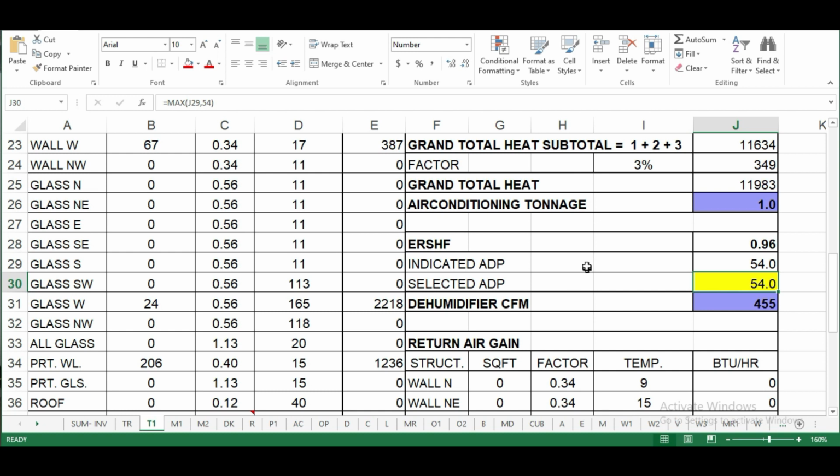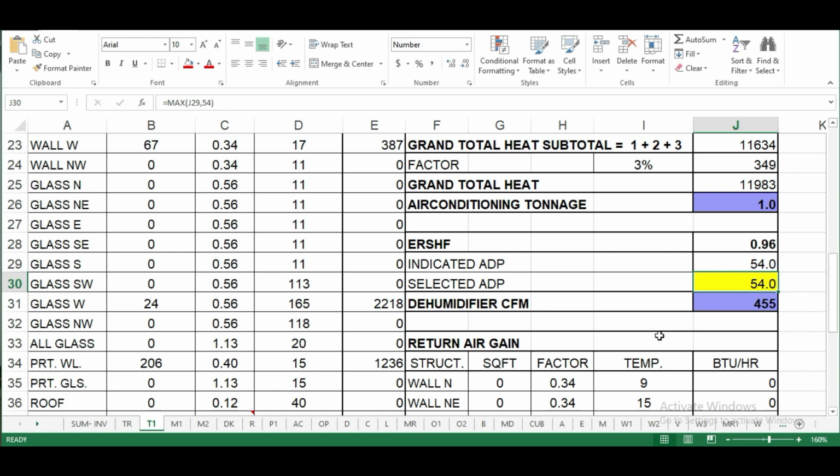And this is the selected ADP. The formula is maximum of J29, 54. That stands for: if our calculation, as you see over here, comes to 0.96, and 0.96 is lesser than 54, the selected ADP automatically goes to 54. If it comes to, suppose, 55, then the selected ADP will come to 55.